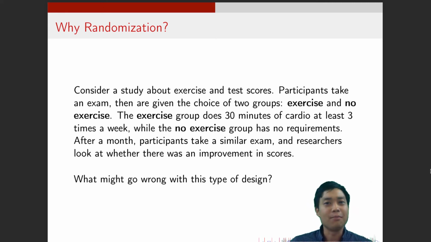And so it could be possible that motivation is actually the factor that causes both of those things. And because we didn't have randomization, we can't take that out of the equation. The randomization basically makes sure that these factors that we can't control are evenly split between the treatment and the control group.